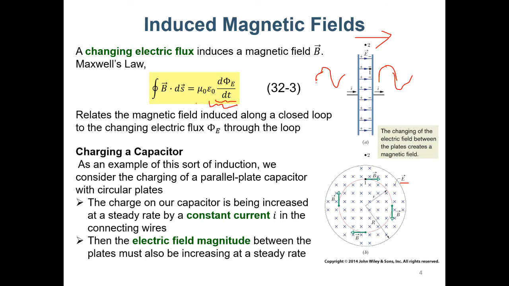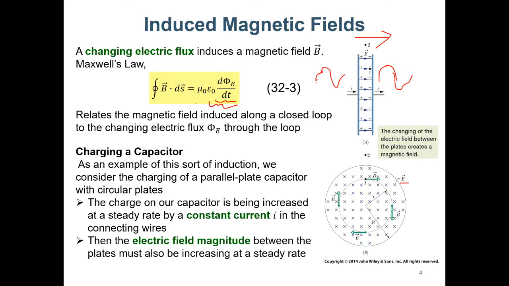So for this Ampere's loop, as long as the E field is changing, it will generate the induced magnetic field like this. So it also obeys the right-hand rule.